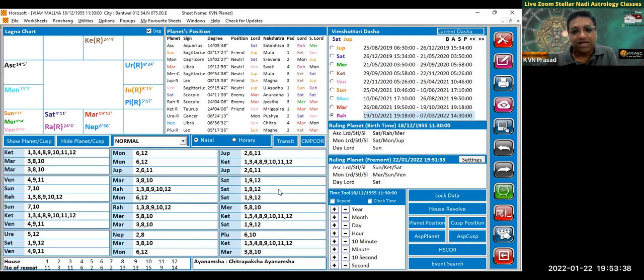Saturn, no. Mercury, it's there. 3, 8, 12 is there. See, 1, 2, 3, 4, 5, 6, 7. Most planets are there.